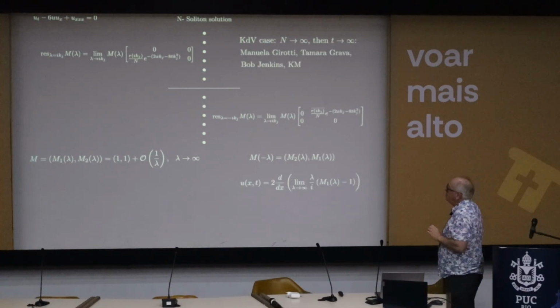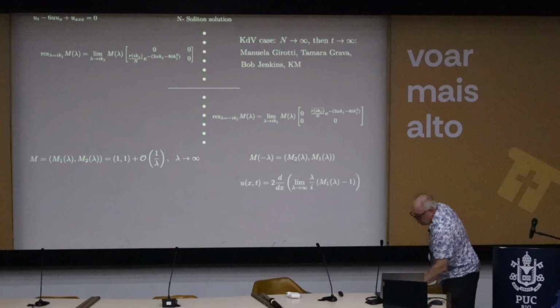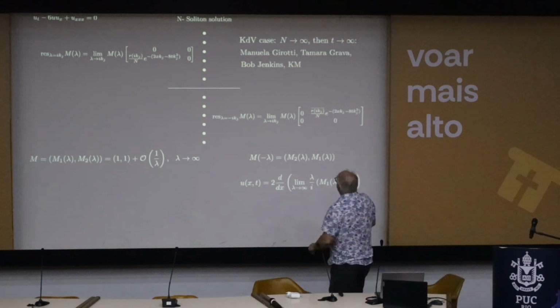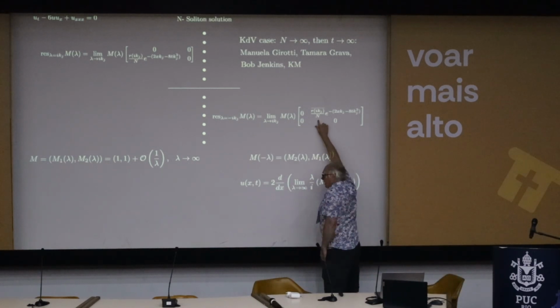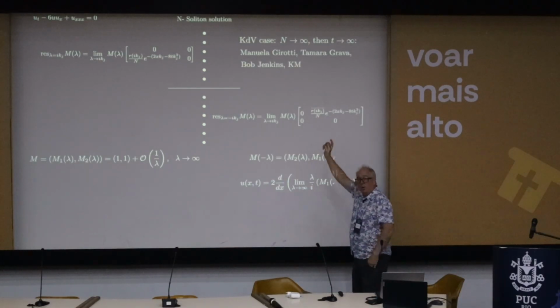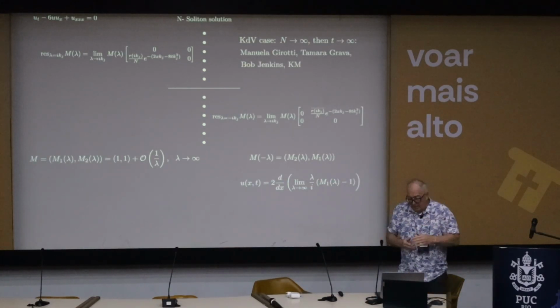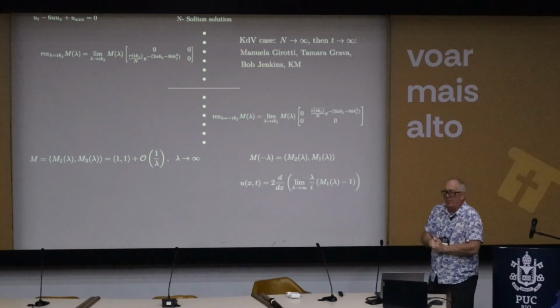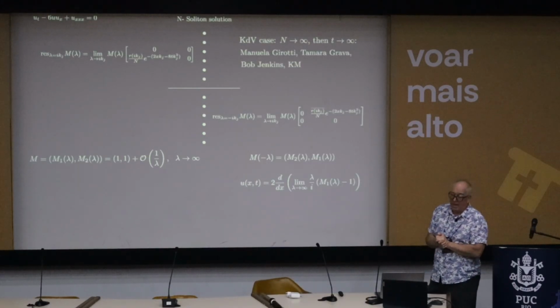The important feature is that in all of those residue conditions there's this 1 over n. N is the number of poles, and as n grows, 1 over n is getting smaller and smaller, and that's helping to manage the analysis.